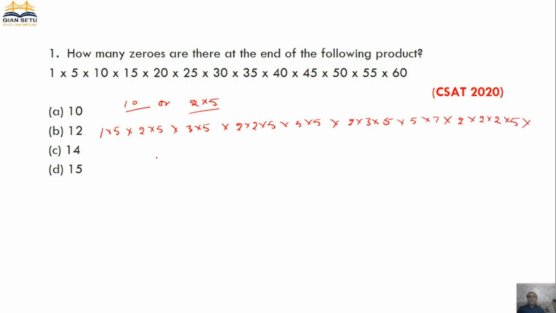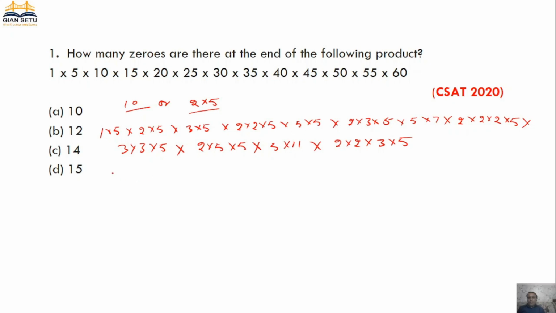Again we can write 3 into 3 into 5, then 2 into 5 into 5, then 5 into 11, and similarly 2 into 2 into 3 into 5. Right, now let's see how many 2's and 5's are there in the above product.